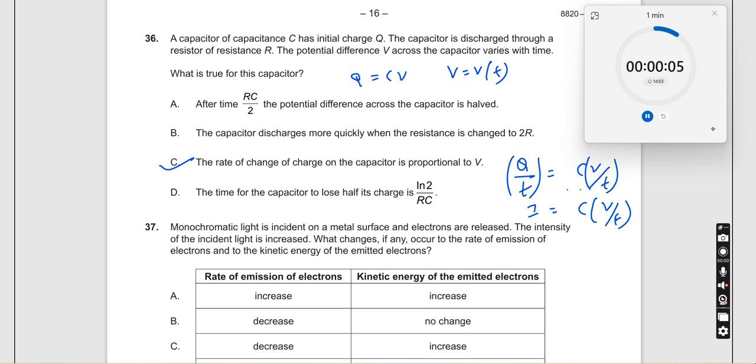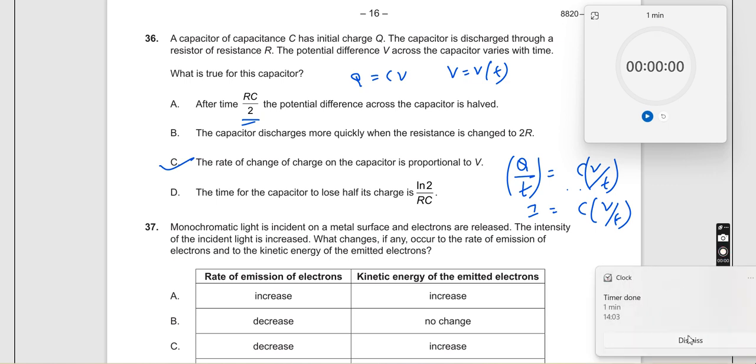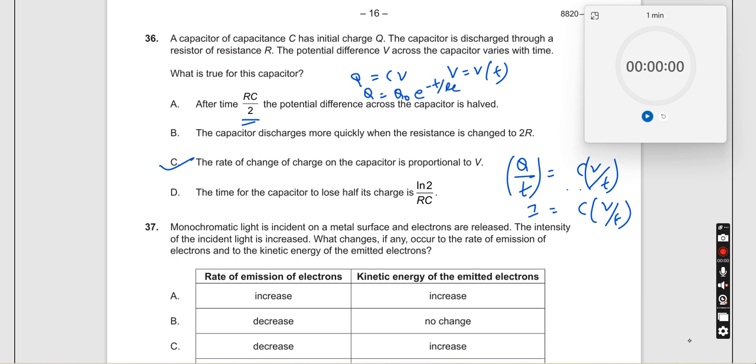But from a student's point of view, let us look at the first one here. After time RC by 2, the potential difference across the capacitor is halved. During discharging, we know that Q is equal to Q naught e to the power of minus T by RC. Now if I put T equal to RC by 2, I get Q is equal to Q naught e to the power of minus half.